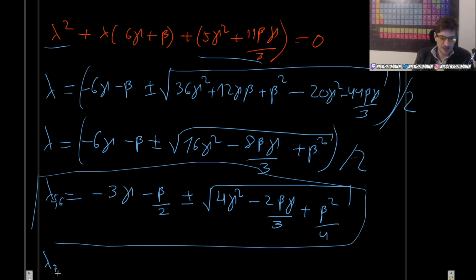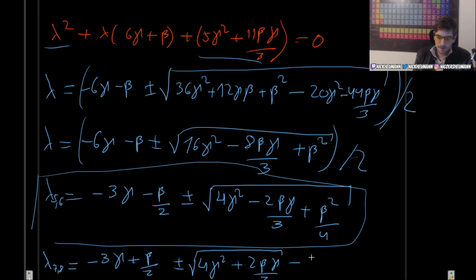So lambda 7 and 8, we can find it immediately. It's going to be the same, but with a minus sign in front of every single beta. And that way we don't have to do this process again. All right, so these are the energies that we are looking for.